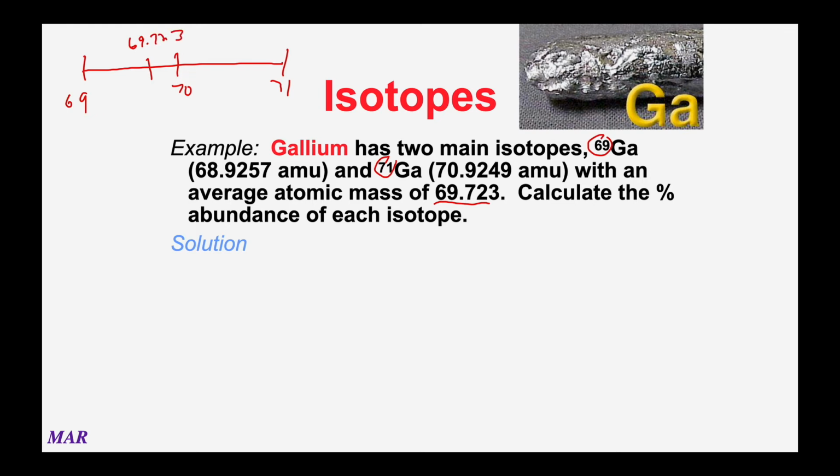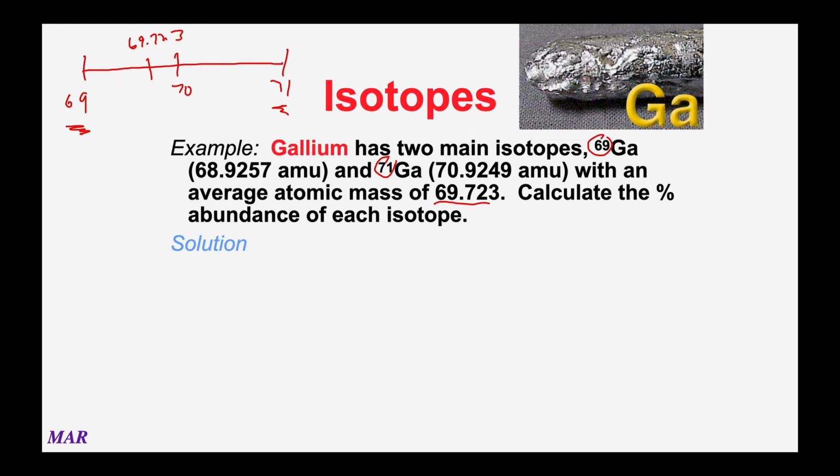Now, this average, which you can see on the number line, is a little bit closer to 69 than it is to 71. And that's useful to us because that's going to tell us, if we've done this problem right, that the percent of 69 is going to be greater than the percent of 71.